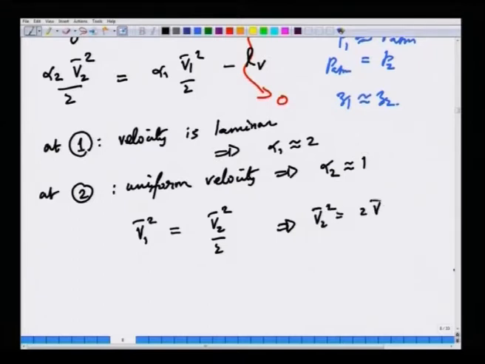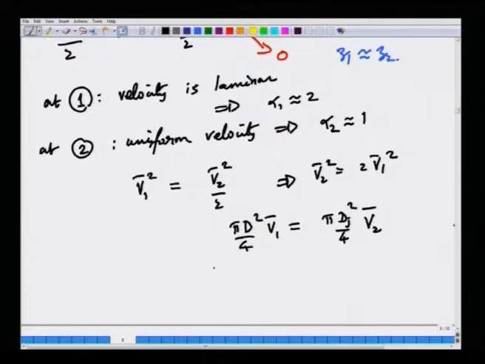We also have the mass conservation: pi d squared by 4 times V1 is pi dj squared by 4 times V2. Let us cancel the pi by 4 terms on both sides.